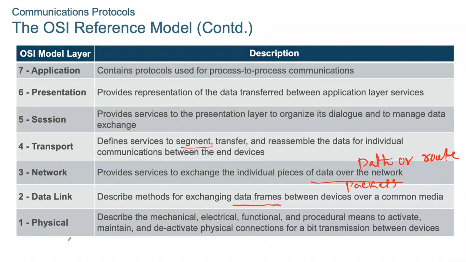And the physical layer describes the mechanical, electrical, functional and procedural means to activate, maintain and deactivate physical connections for bit transmission. Whatever frames are generated at the data link layer are further divided into bits, and bit streams are exchanged between the devices.